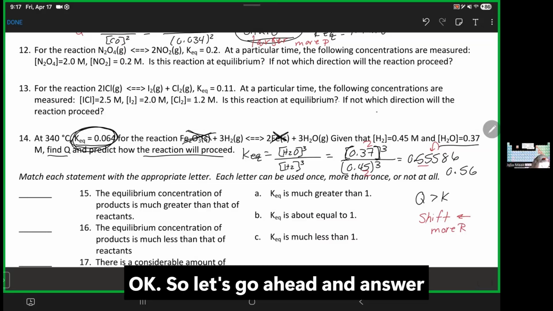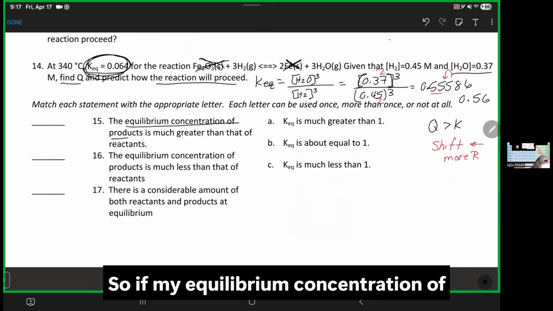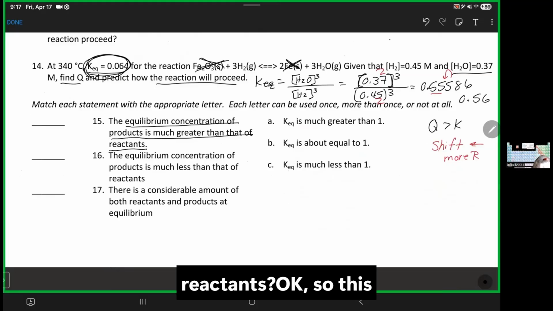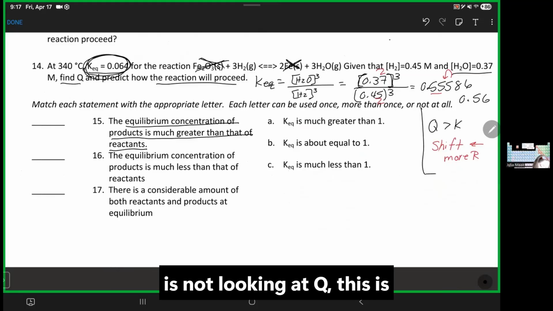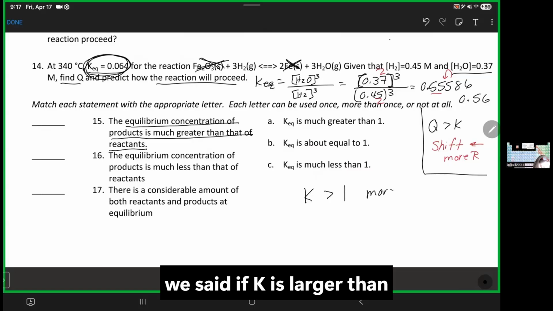Okay, so let's go ahead and answer these questions down here real quick. Okay, so if my equilibrium concentration of products is greater than that of the reactants, okay, so this is not looking at Q, this is just looking at K, right? So K, we said if K is larger than 1, we have more products.